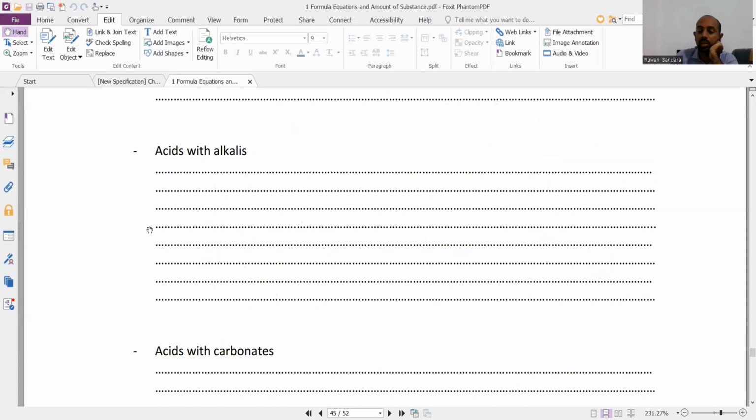This is a neutralization reaction. So acid plus alkali gives you salt plus water. In all these things, just a reminder only.